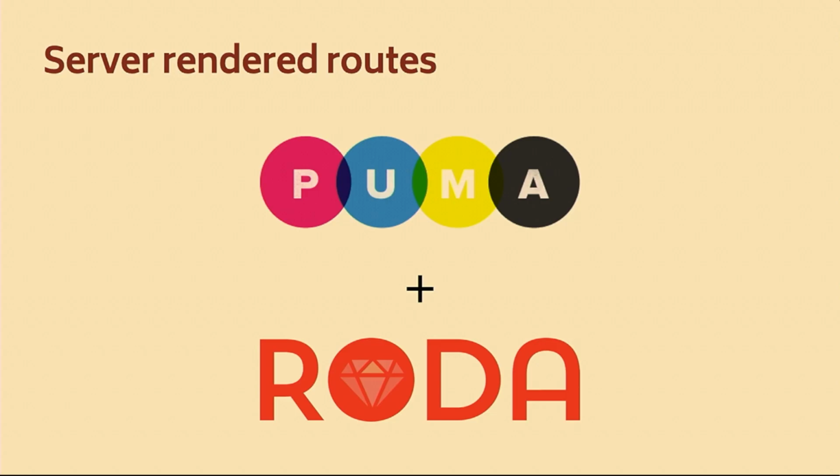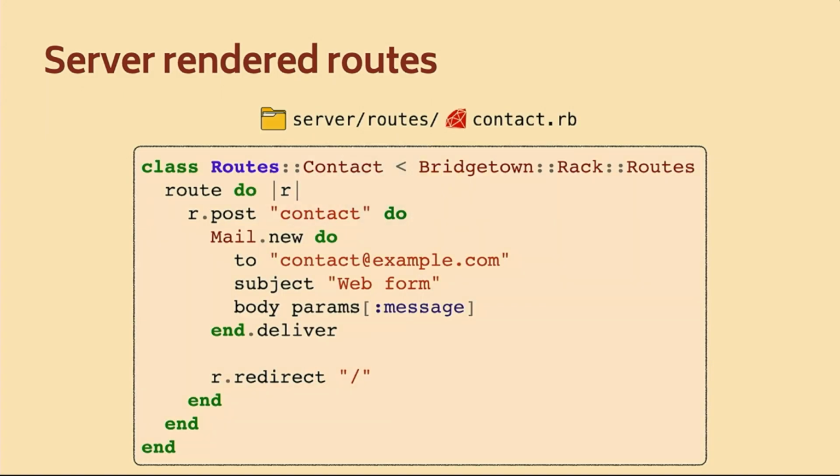So we thought, well, why not just extend that and let the developers write their own routes? So yeah, we did. Within your Bridgetown project, you can write dynamic routes. This is just a demo of a post endpoint, which sends an email. So this lives within your Bridgetown project with everything else. So you don't need to go reaching anywhere else for simple dynamic functionality like this.